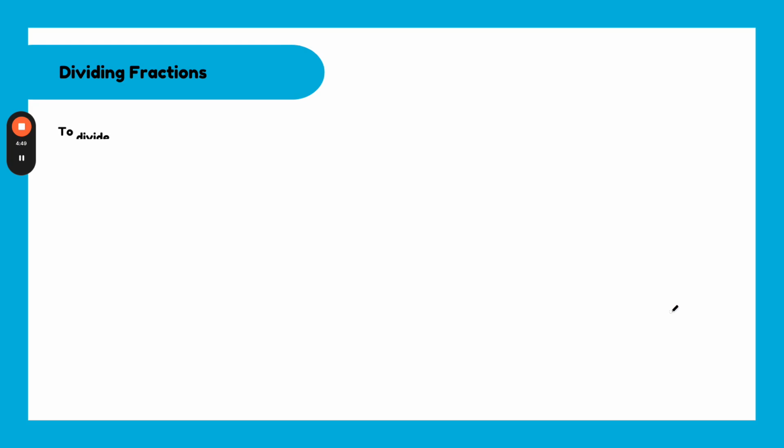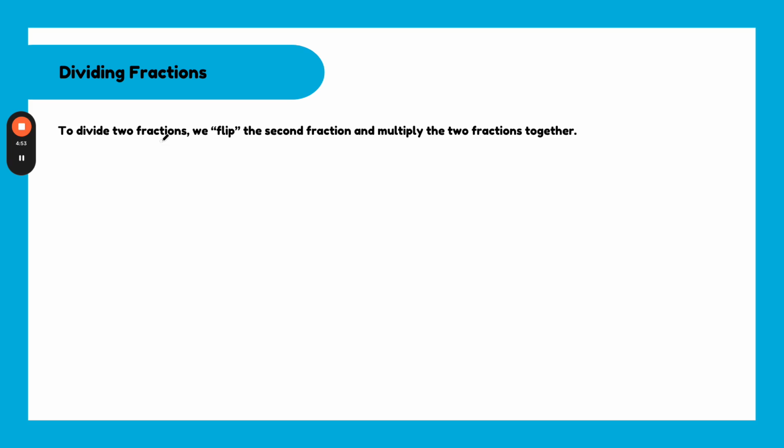Now, in the case where we have to divide fractions, we flip the second fraction and multiply the two fractions together. When we say flip, what we mean is that for the second fraction, the numerator and denominator swap positions.